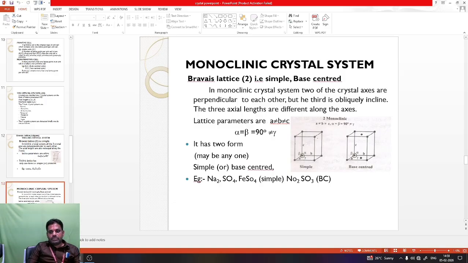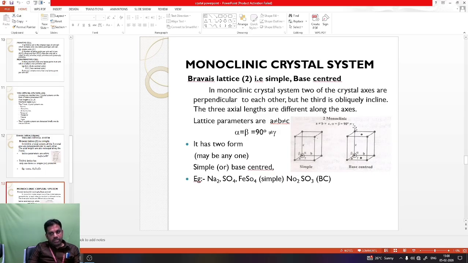In the monoclinic system, there are 2 systems available, simple and base centered. Apart from orthorhombic, this is the only system where the base centered form is available. Here a, b, c are not equal.